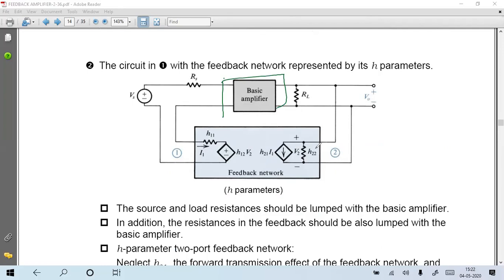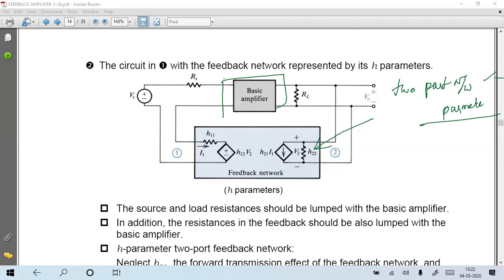I am going to represent this feedback network in terms of two port network parameters. You would already have discussed two port network parameters in network analysis: the impedance parameters, admittance parameters, ABCD parameters, and H parameters. With the help of these, we can replace the feedback network by the corresponding two port network parameters.